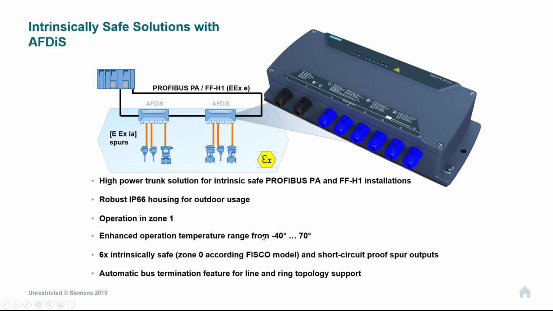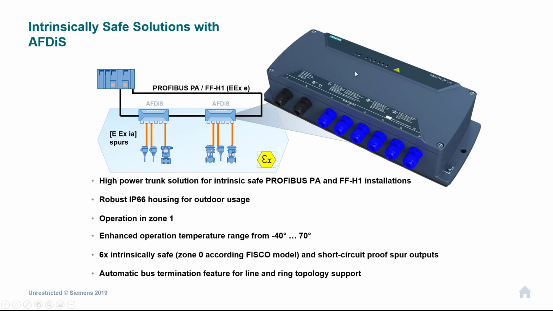Okay, the spurs are completely isolated from the trunk. So if you accidentally short one of these out, if that was a normal junction box and you shorted the connections out, you would short the whole network and bring the whole network down. If you short this spur, it will only short this spur, and then you get a blue flashing light to say that you've shorted that spur.